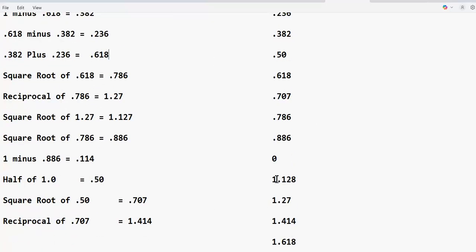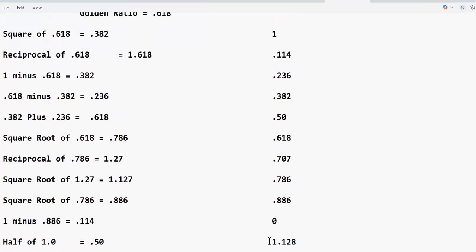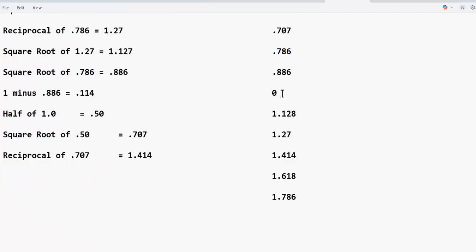Now, if you put all these numbers in sequence, then you get this. From 0 to 1, you draw the fib like this, and the lines start at 11.4, then the 23.6% line, then 38.2, then 50, then 61.8, then 70.7, then 78.6, then 88.6, and then 0. Bypassing 0 and going the other side is 1.128, 1.27, 1.414, and then 1.618.